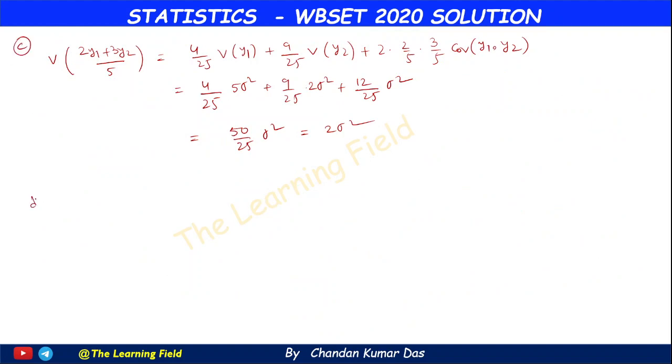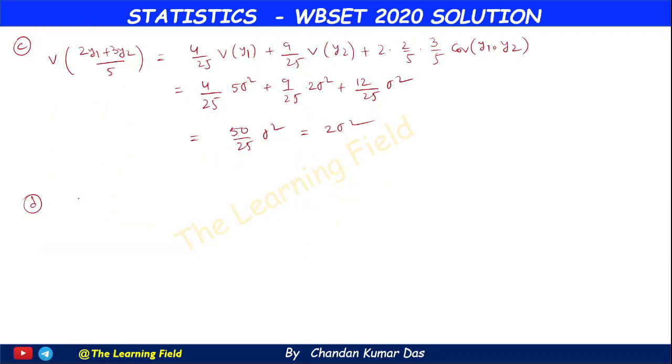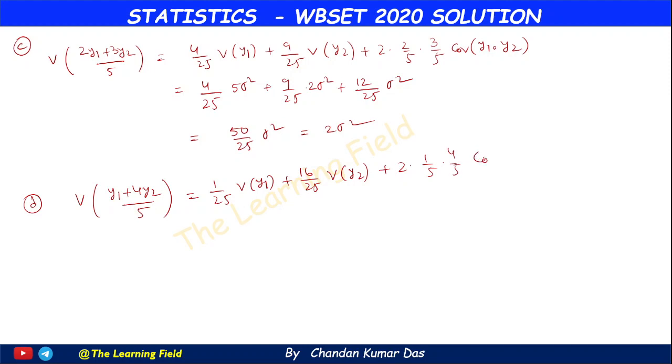Now we calculate the variance of the fourth option, which is (y1 plus 4y2) by 5. So this is equal to 1 by 25 variance of y1 plus 16 by 25 variance of y2 plus 2 into 1 by 5 into 4 by 5 covariance of y1 and y2.